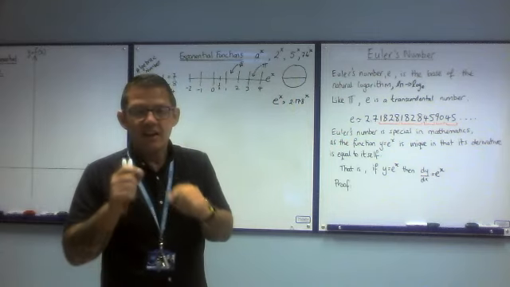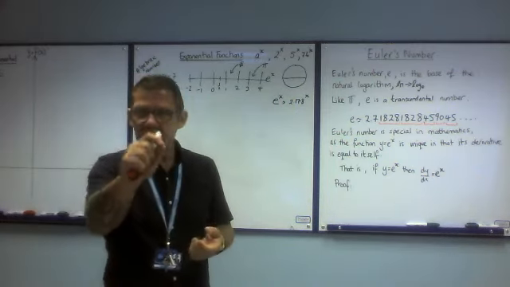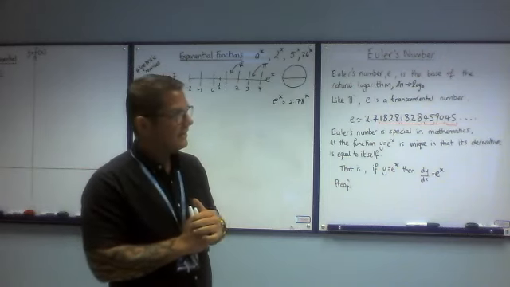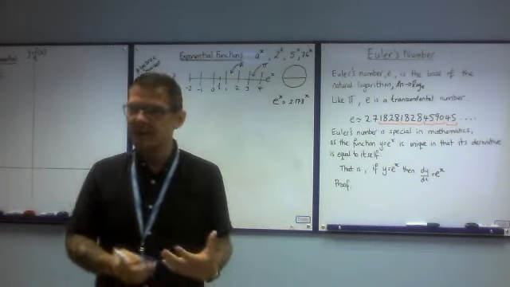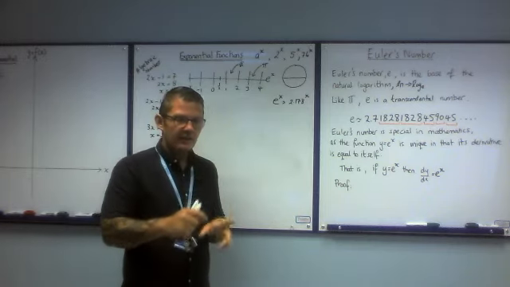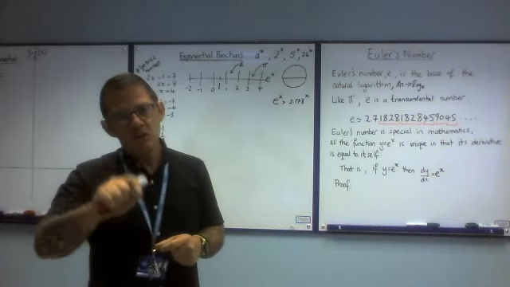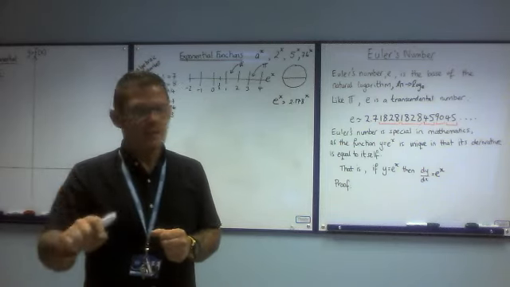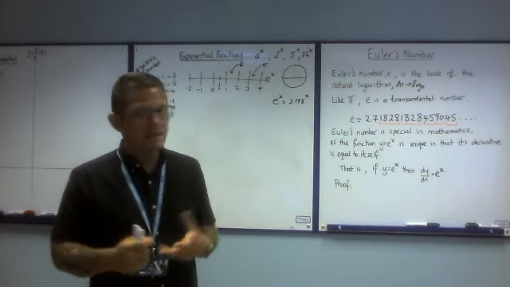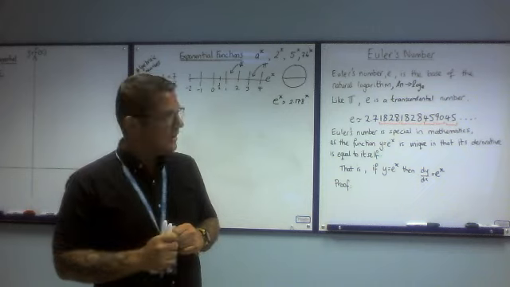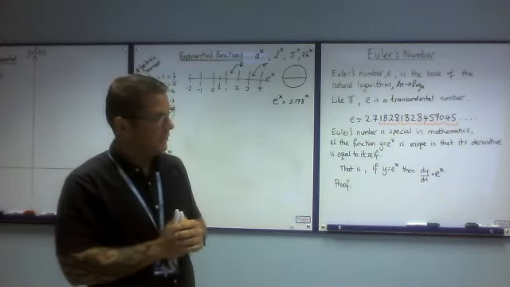So, just as a little bit of a pre-warning, there is a step in here that you're going to have to just accept. I don't like to just accept something, but the differentiation techniques that we're going to use, you're going to look at next year in year 13. So we haven't done it yet, but it's only one step, and as long as you can accept that one step, it should be fairly straightforward for you to see.